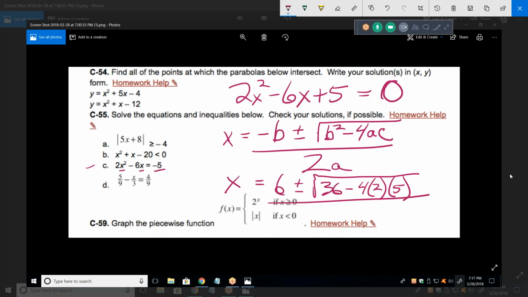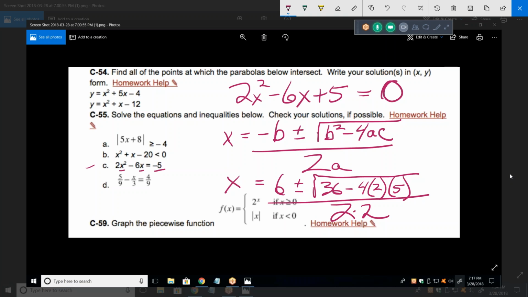That's 8 times 5, which is 40, and 36 minus 40 is negative 4, all over 2a, where 2a is 4.